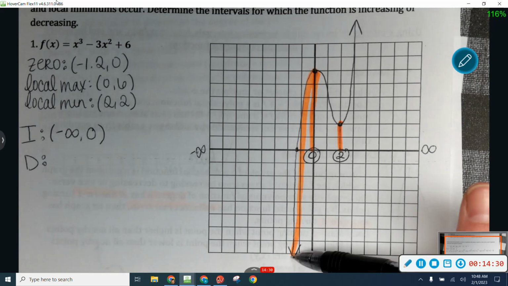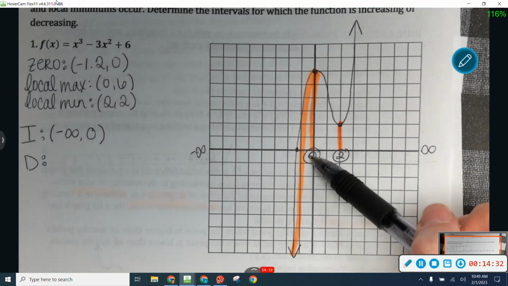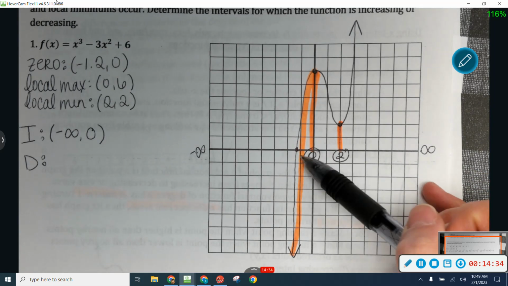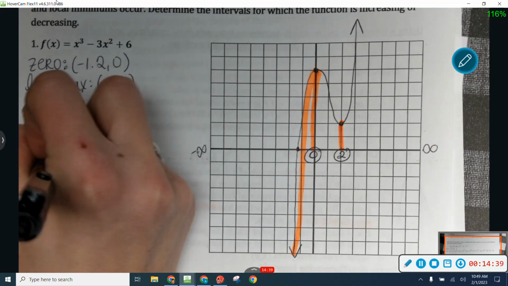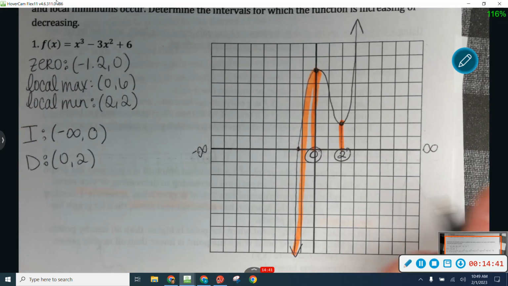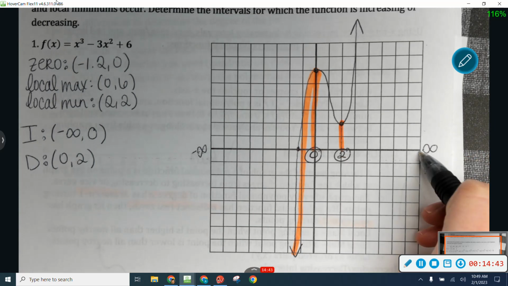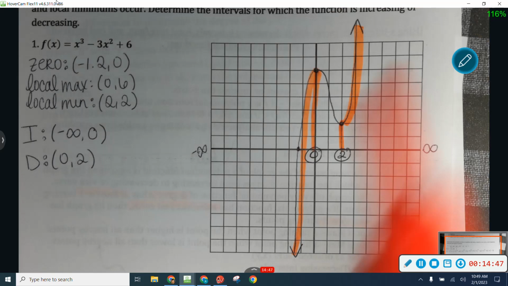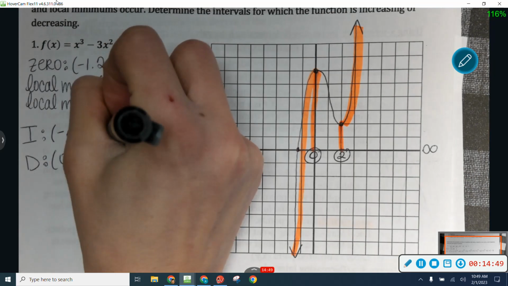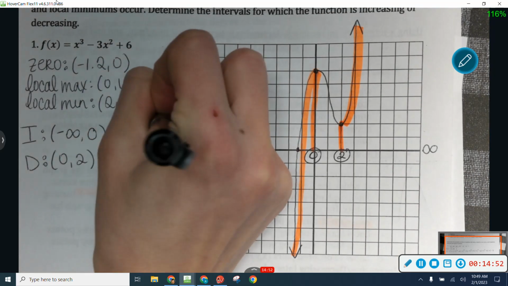So I'm increasing up until 0, and then from 0 to 2, what is my graph doing? I'm decreasing. And then from 2 onward, I'm going back to increasing. So 2 to positive infinity.